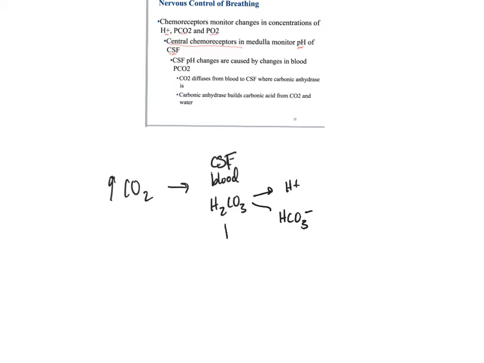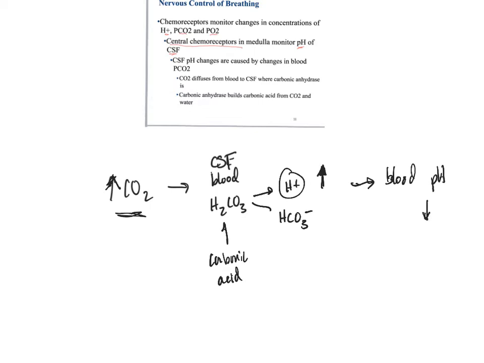So this is carbonic acid. And then this hydrogen ion, if CO2 goes up, hydrogen ion goes up, which then leads to blood pH going down, right? Because it becomes more acidic.